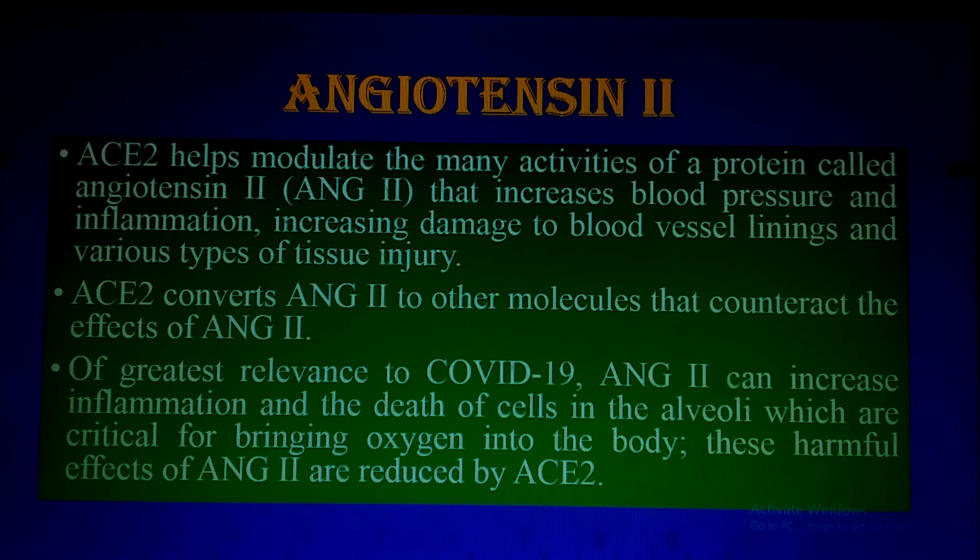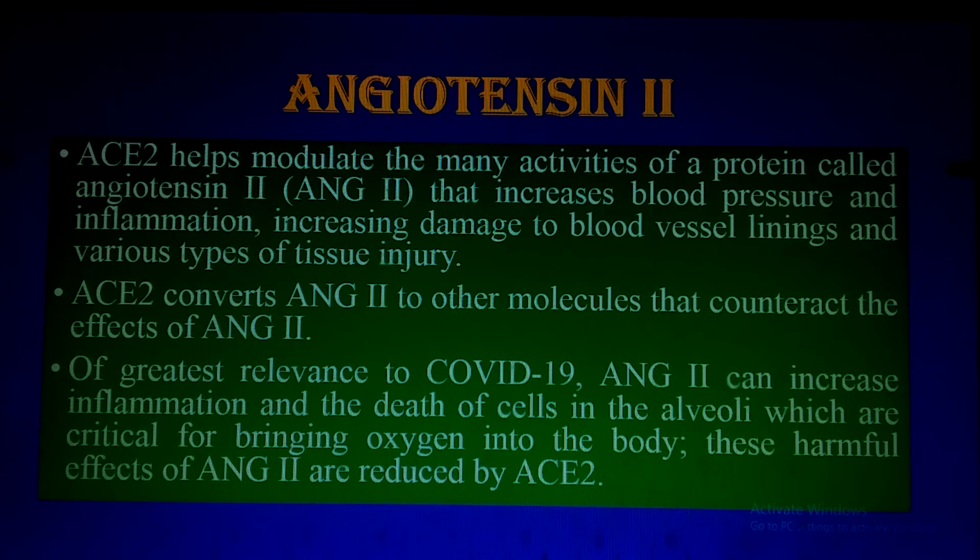Now, angiotensin 2, what is this? ACE2 helps modulate the many activities of the protein called angiotensin 2, which increases blood pressure and inflammation, increasing damage to the blood vessel linings and various types of tissue injury. Or simply you can say that angiotensin 2 plays a role in various types of tissue injury.